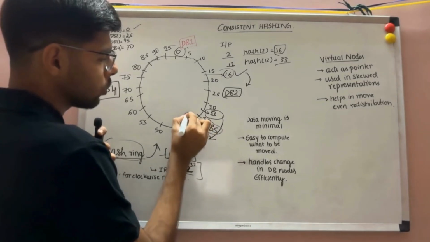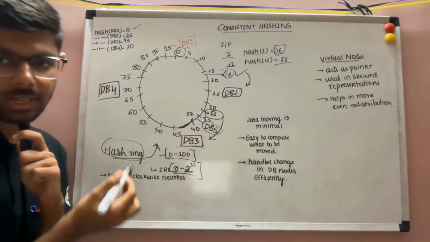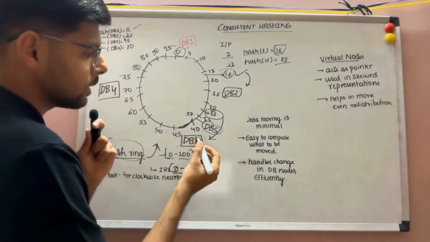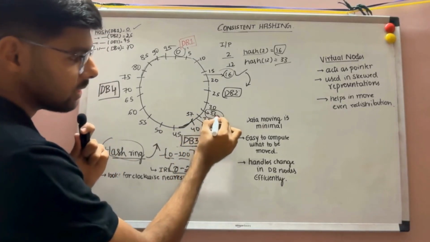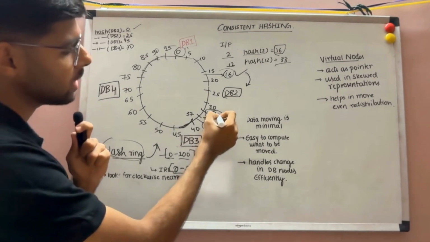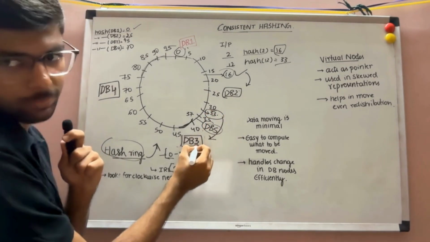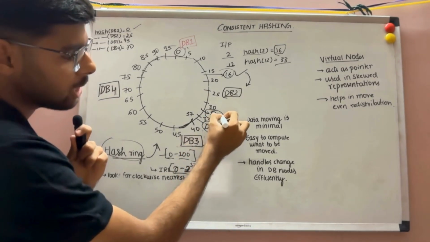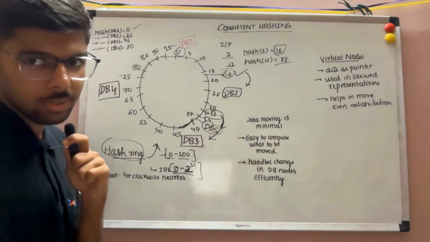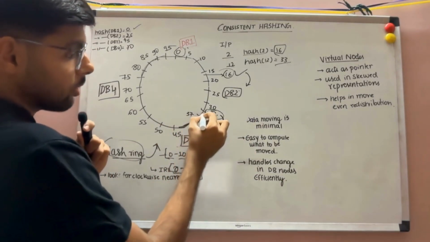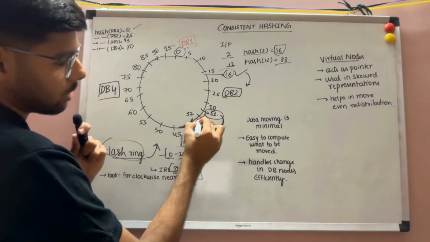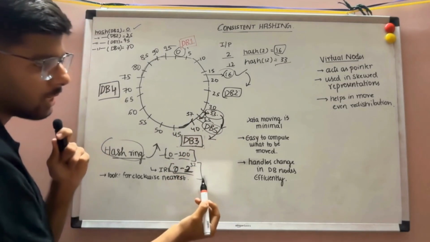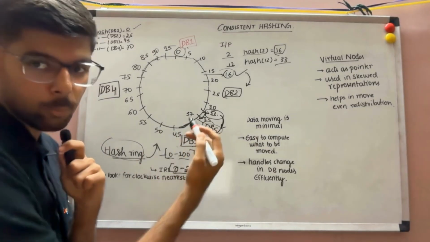Now DB5 is placed at the 37th position, and what happens is the 33 request was initially handled by DB3, but now it should be handled by DB5, right? So we are only moving the data for this much part, and we exactly know where the data should be moved.